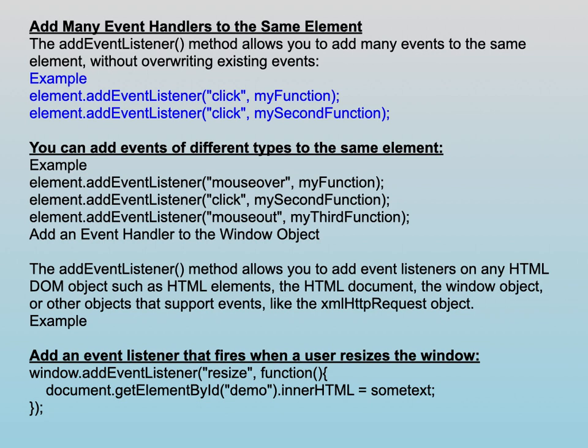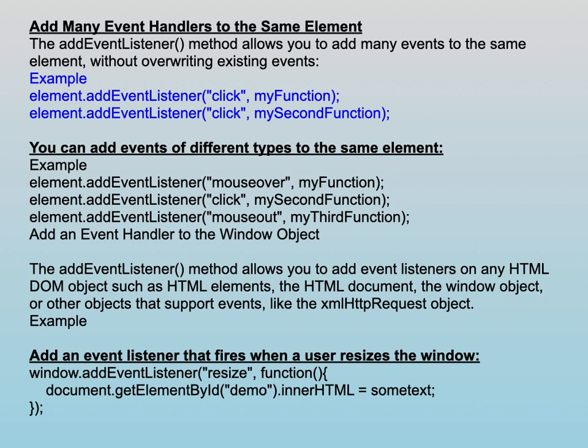window.addEventListener. So instead of element or object or document, we will be using window here. Window is an object, that is a window object. .addEventListener resize, comma, function name, or the function itself is specified there.